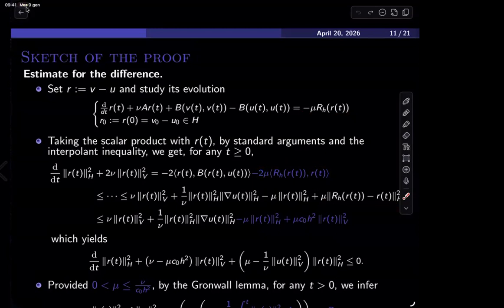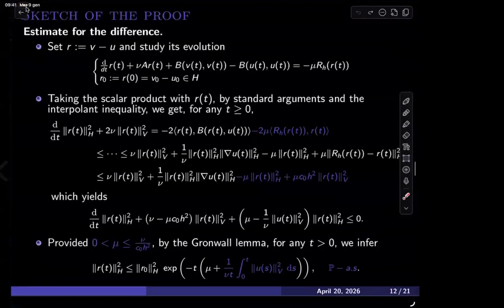So here you use the interpolant inequality that I stated before, and writing down the equation satisfied by the difference, you obtain this kind of equation here. So you have the evolution of the H norm. The idea is just to keep the terms involving the H norm.